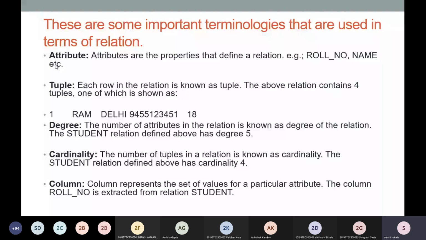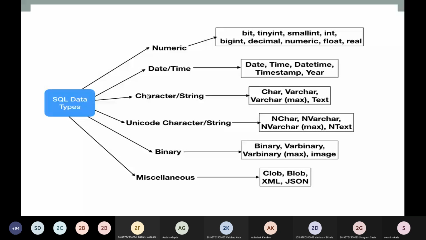Next, these are the basic terminologies which are used in terms of relation. Now the next one is SQL data types. Which type of data can we have? There are various data types available.